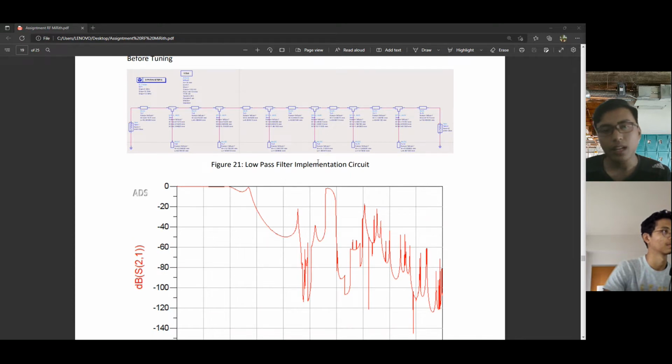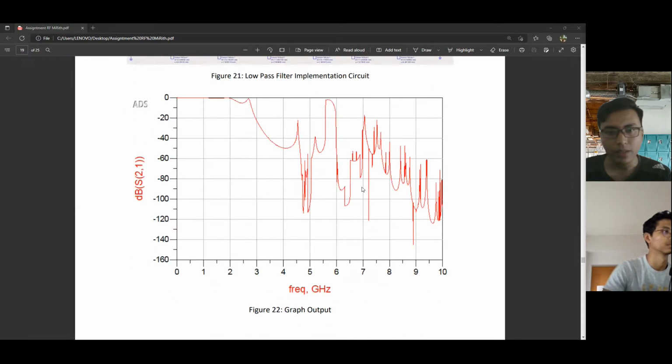So first, after we design the circuit, we use a line cut to get the W and L for each part, and we simulate and get the result that is not a tuning result. So that is the graph.